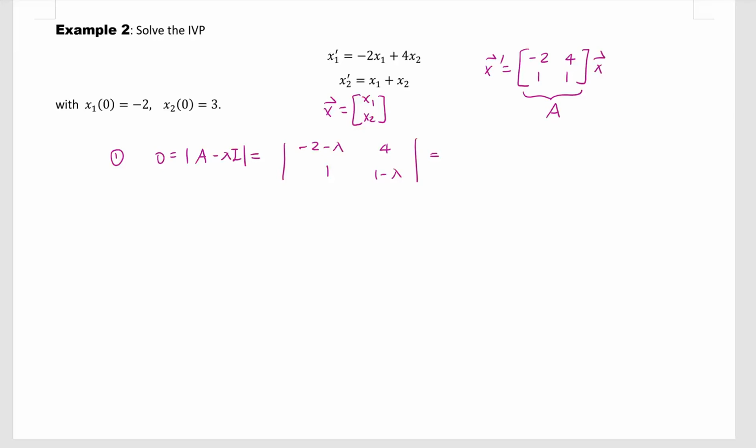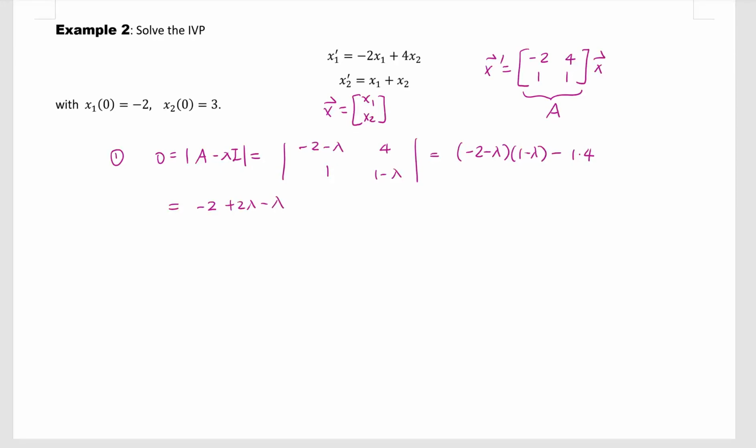So cross multiply: minus 2 minus lambda, 1 minus lambda, minus 1 times 4. Yeah, cross multiply, but subtract, okay? So let's see. Negative 2 times 1 is negative 2. Negative 2 times negative lambda is plus 2 lambda. Negative lambda times 1 is negative lambda.